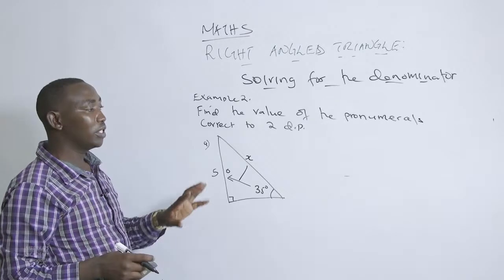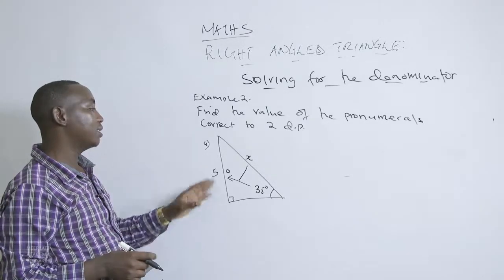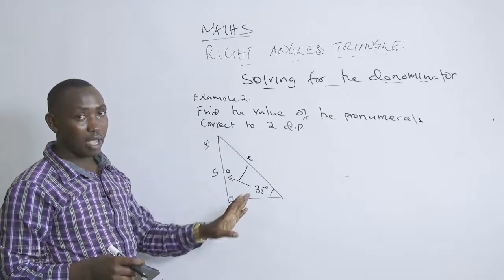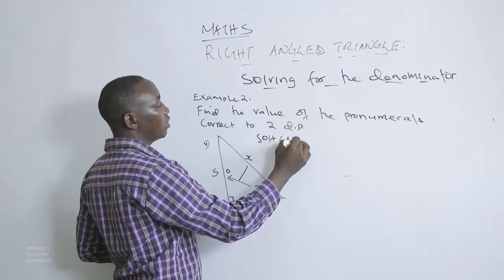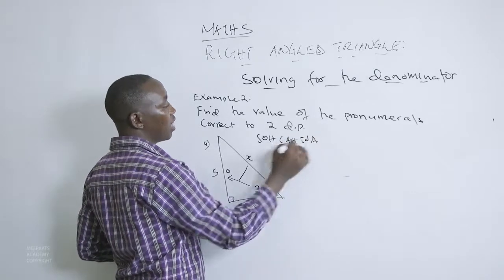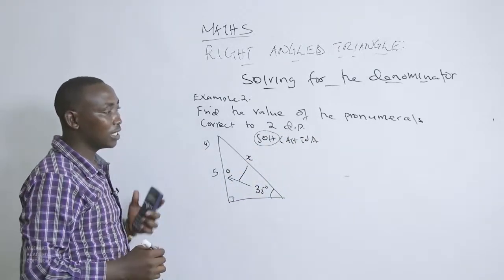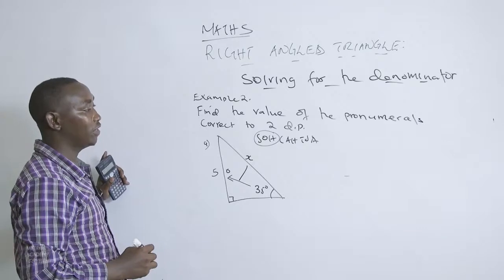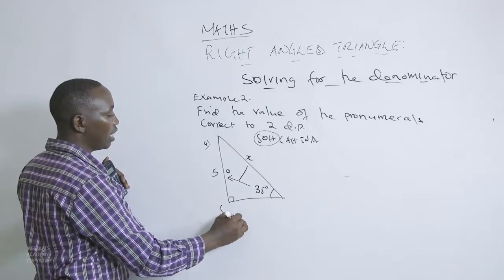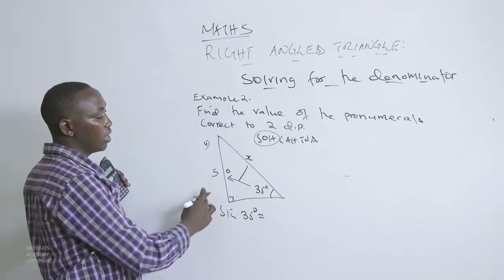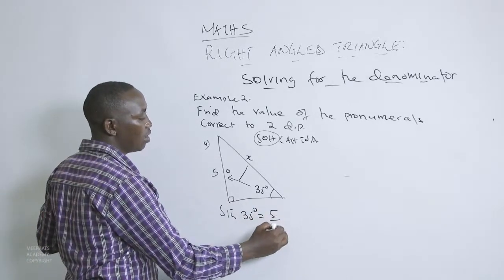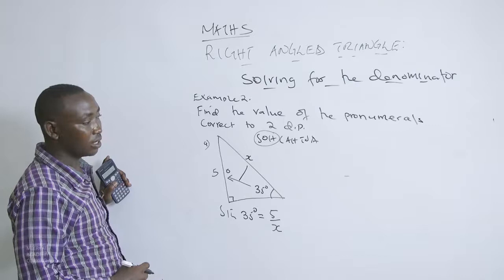And therefore, we're going to use a trigonometric ratio that has an opposite and hypotenuse out of the 3. So, toa. That means we use sine or trigonometric ratio of sine. That means that our sine of 35 degrees shall be equal to the opposite, which is 5 all over x.